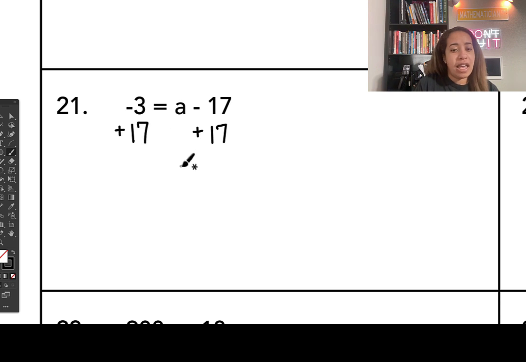Now I've got a all by itself on the right side, and on the left side, we've got different signs, so we subtract the numbers. 17 minus 3 gives us 14, and our higher absolute value was positive, so it should end up being a positive 14.